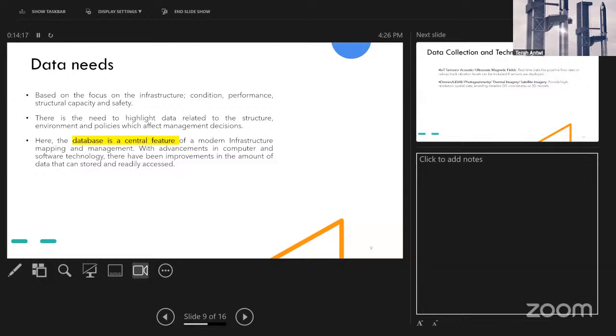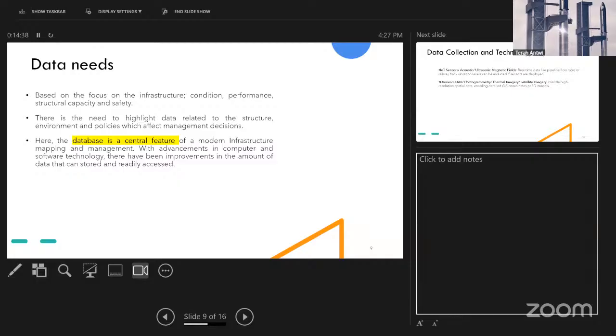With advancements in computer and software technologies, there have been improvements in the amount of data that can be stored and readily accessed.